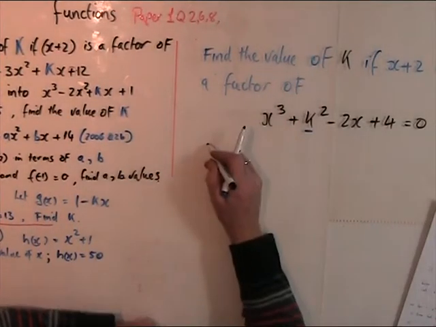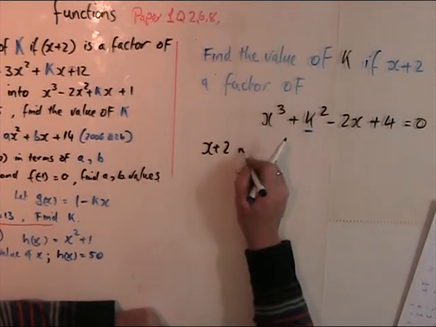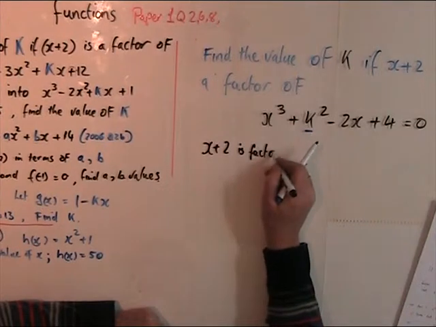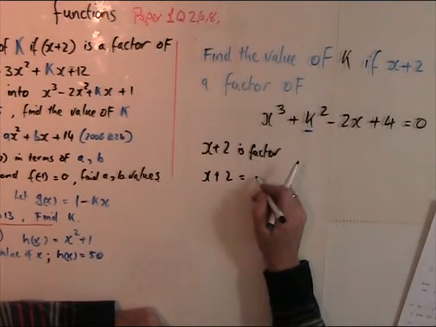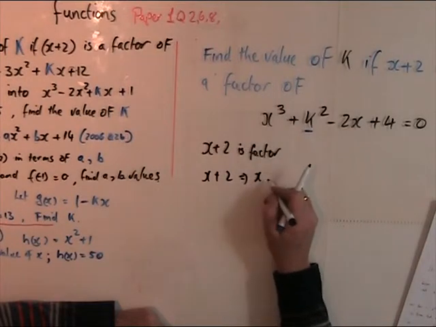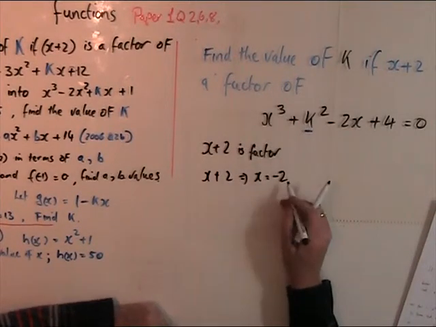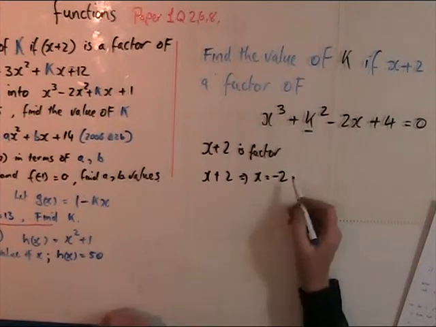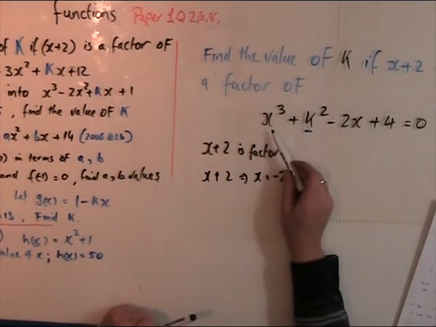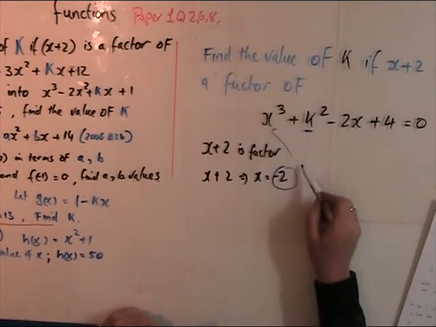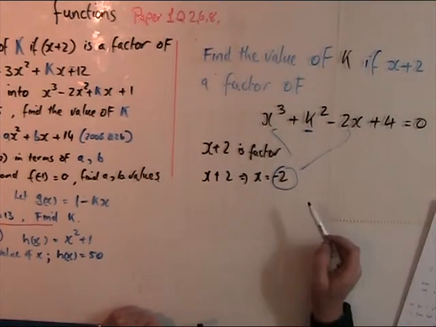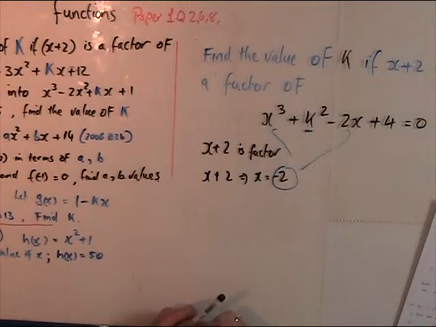Now if x plus 2 is a factor, what's the root? Should we know this? x is equal to minus 2. So I know that x is equal to minus 2 is a root of this. Okay? That means if I put minus 2 everywhere I see x, I can solve this equation. So I'll go ahead and do that now.